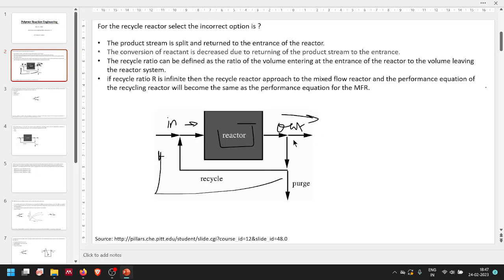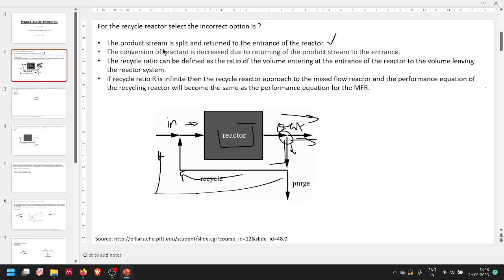At the outlet, we have a division of streams. We obtain the product right here, and then one stream is sent back to the inlet. Now this is your recycle stream. So the product stream is split into two parts, and one is returned to the entrance of the reactor. So the first statement is true, as it describes the function of the recycle stream.